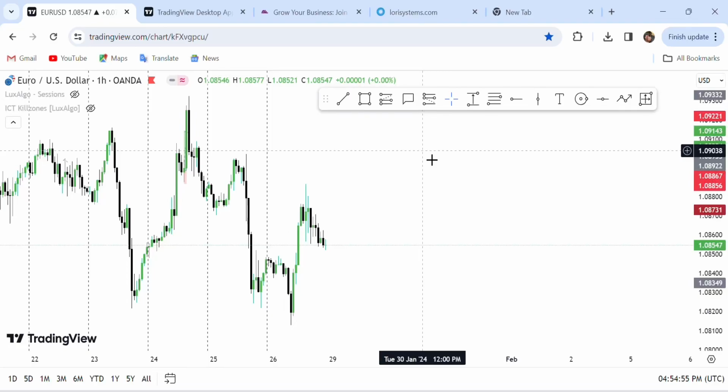In today's video, I want to show you guys a very simple strategy that you can combine with ICT concepts, or let's say smart money concepts, and time and price, and make the most out of it. I did a previous video on GBP JPY, and people really got a lot of value from it.